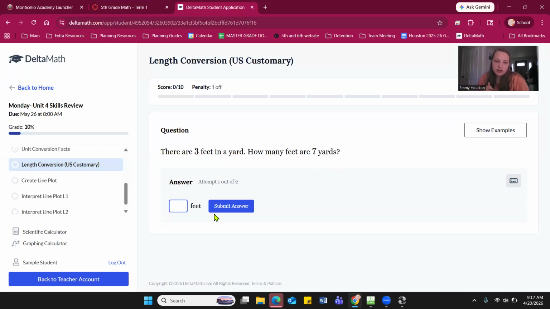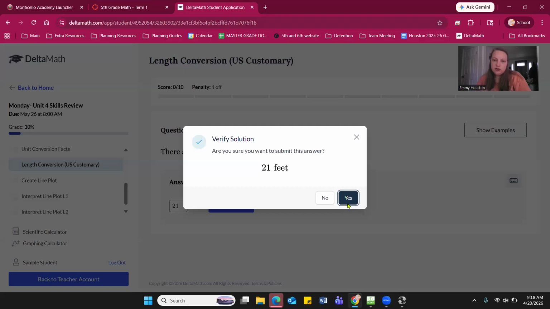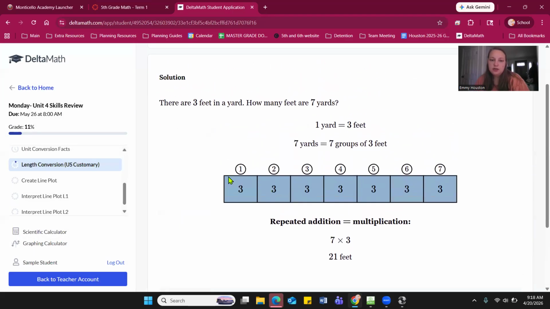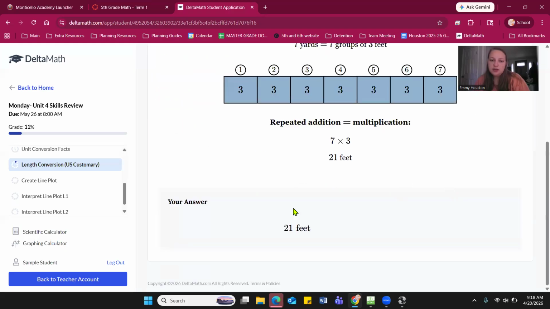We're going from yards to feet because our answer's in feet. We're going from big to small. So we're going to multiply. 7 times 3 is 21. And that's all that is. They showed you a model to kind of explain why, because each one of these is going to have 3 in it. So that's where we get that 21 from.